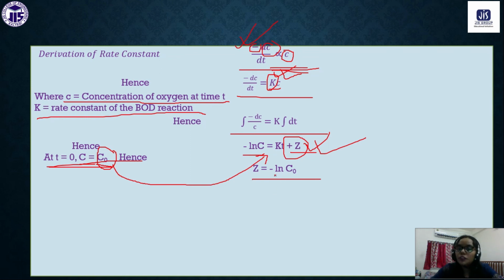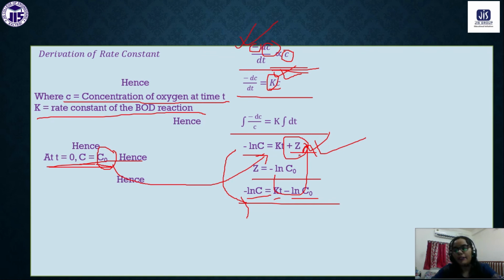Now what do we have to do? Now we have to put this z value here. So what is your next step? From this step we will get minus ln C equals kt minus ln C0. What is ln C0?